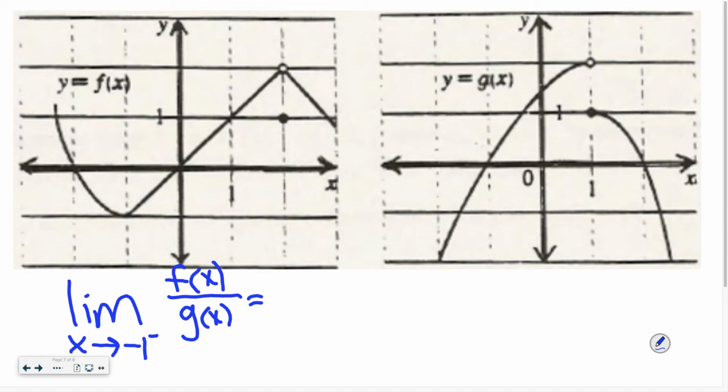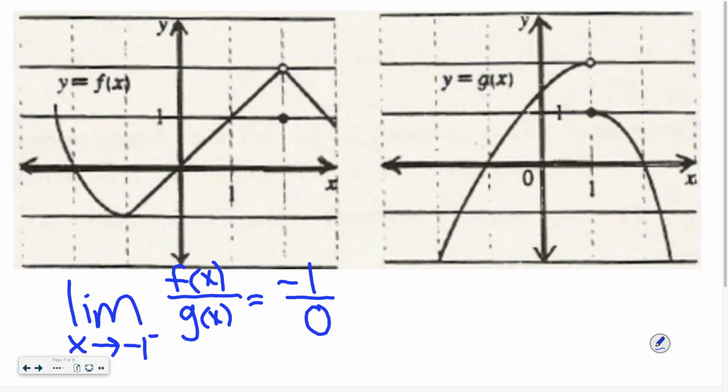As we approach -1 from the left of f, what are we approaching? Here x is -1. We're approaching y value -1. As we approach -1 from the left of g, what are we approaching? You are not writing does not exist. It's a left-hand limit, so we can describe how we are approaching 0.